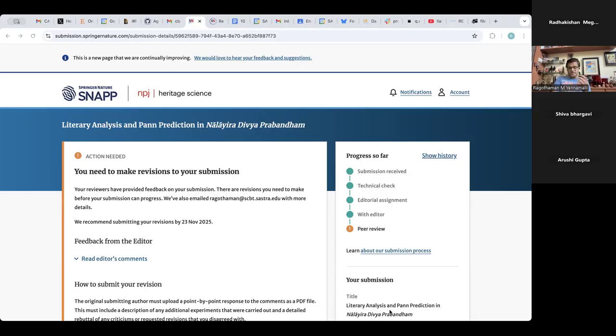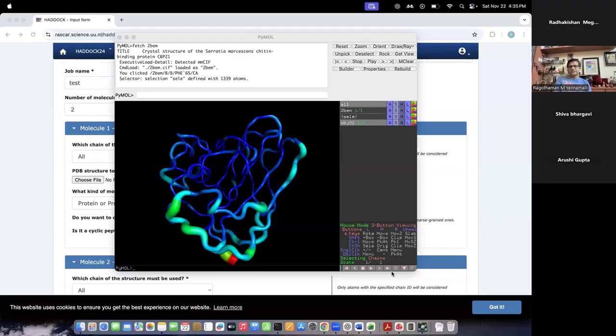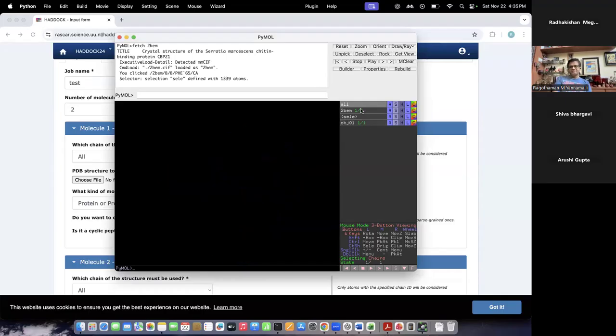Now, when you do molecular docking, let me show you the PyMol window. Are you able to see my PyMol screen? No, most probably not. Okay, let me share my full screen so that you see my PyMol as well. Okay. So in PyMol, I showed you about this, the B factor representation.